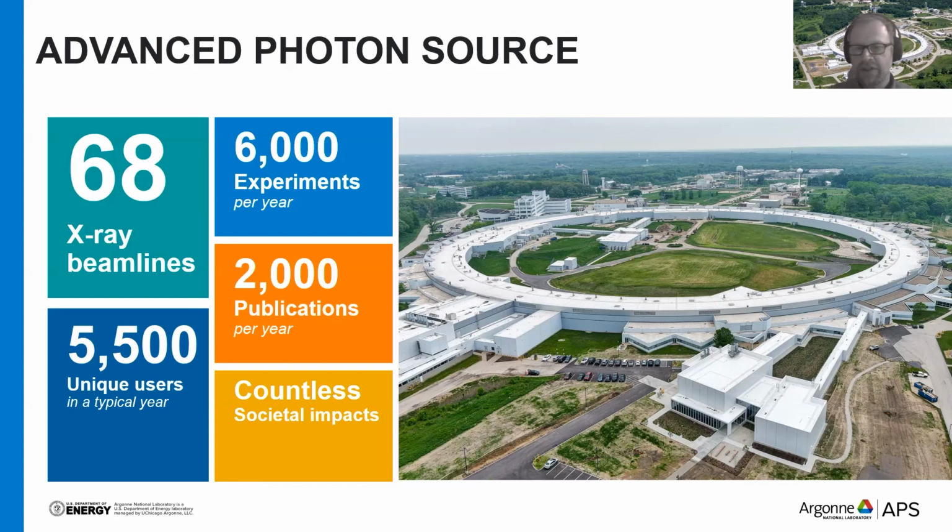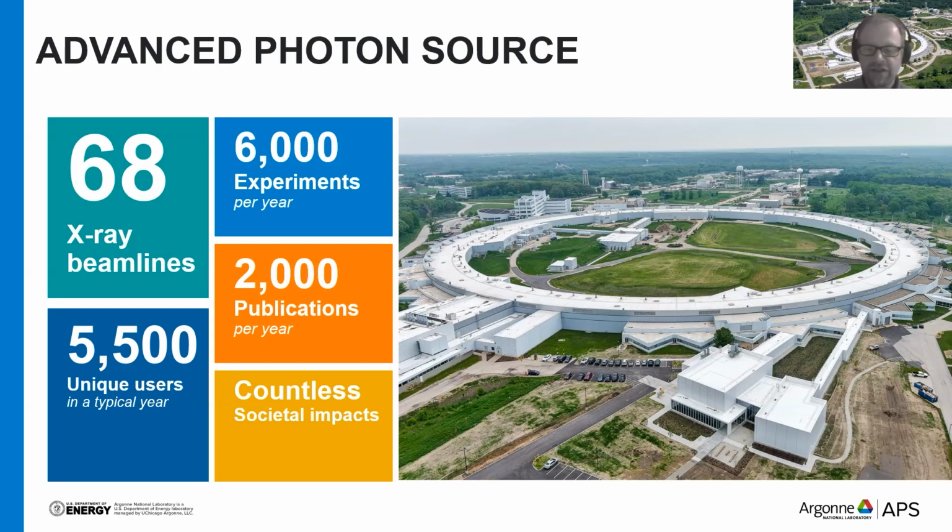Just very briefly, what's the Advanced Photon Source? Dava mentioned these instruments can be large. So you see on the right side an image of the APS. Its circumference is about 1.1 kilometers. We have 68 different X-ray beamlines where different experiments are carried out simultaneously.